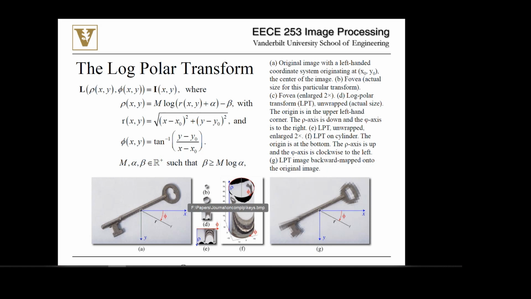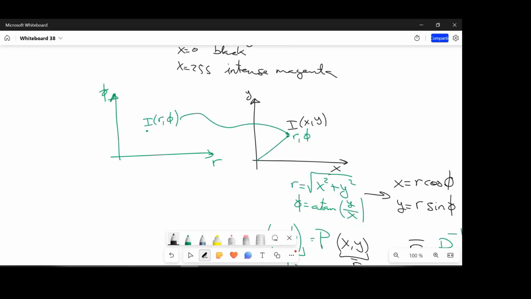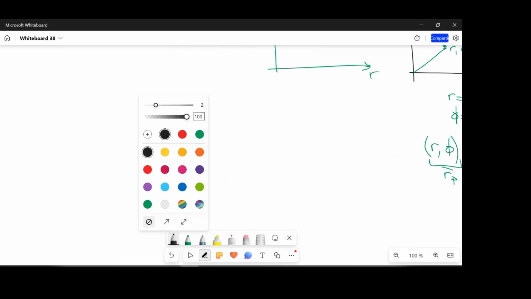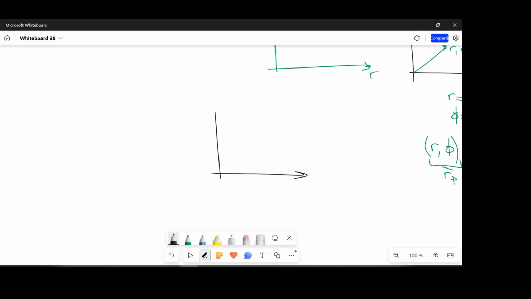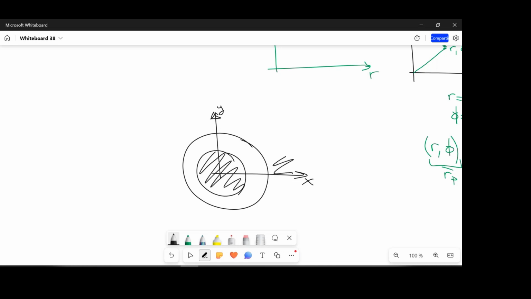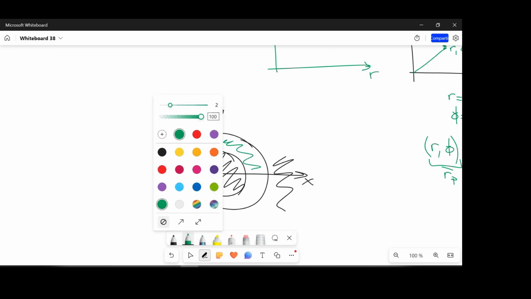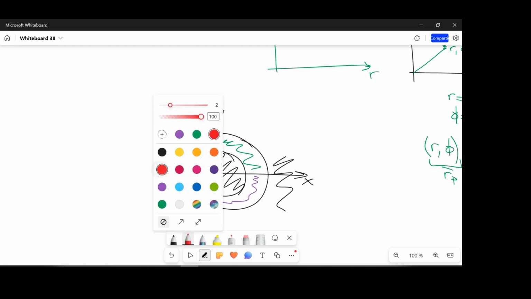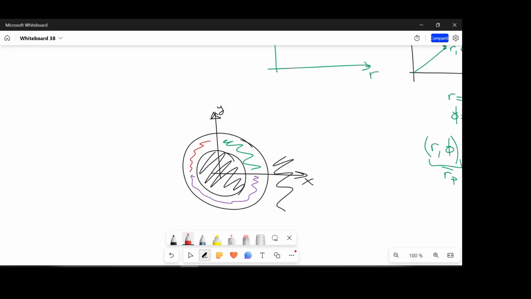So let's take an easy example. Let's say that our color image is like this. Let's make it simple. This and this. So this part is black, this part is black, and this part has four colors.